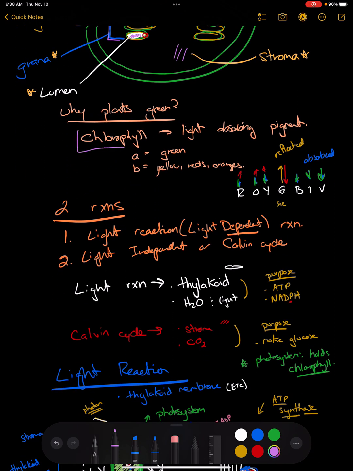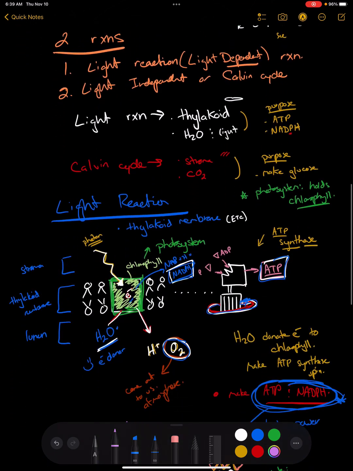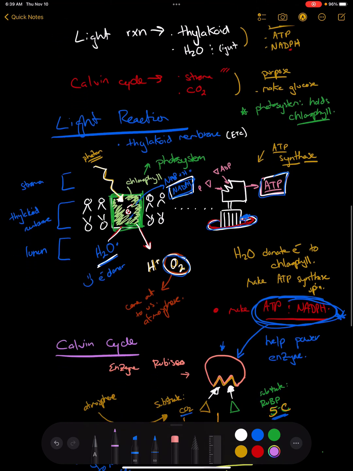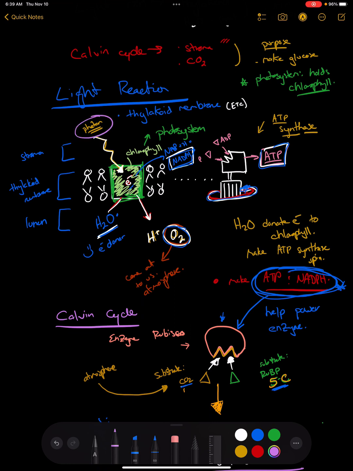Chlorophyll is very important because it is a light-absorbing pigment, and I can use that light-absorbing pigment to break apart water so I can get electrons. The two reactions are the light reactions and the Calvin cycle. The light reactions need sunlight right here, so that way it can break apart the water.